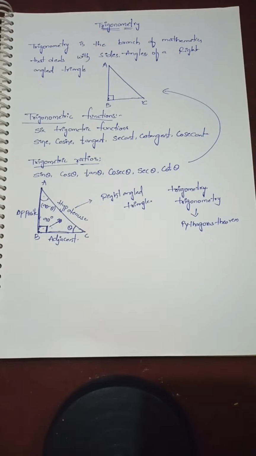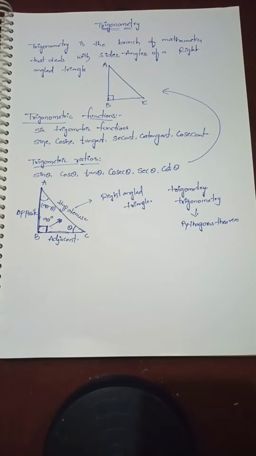So we have 6 trigonometric functions and 6 trigonometric ratios. According to that, we are going to use the formulas. Before writing all the formulas, let me tell about the trigonometry.